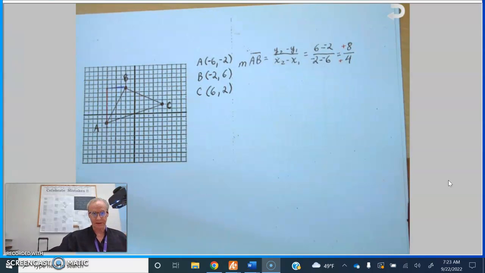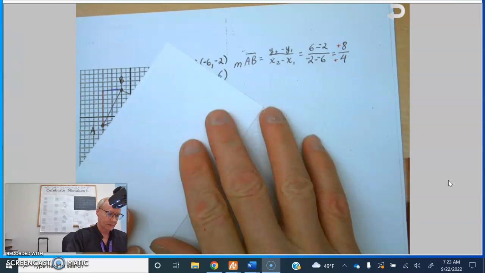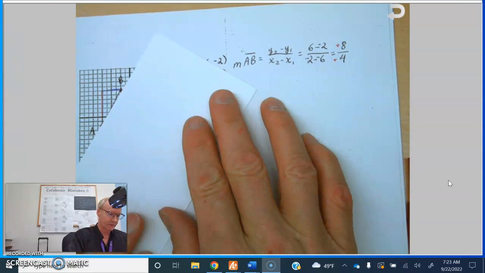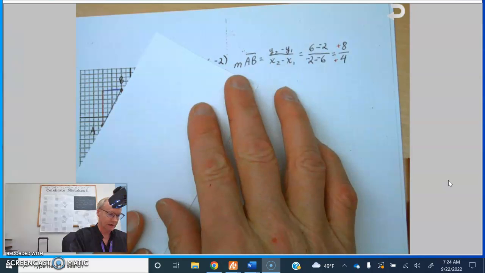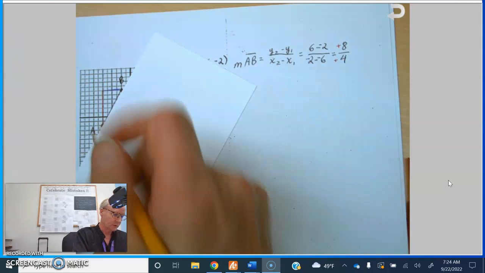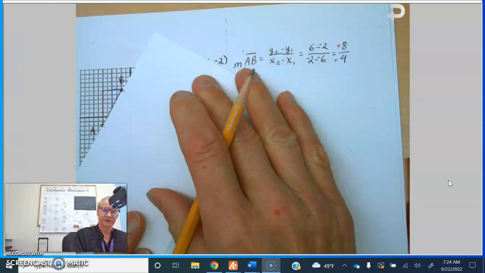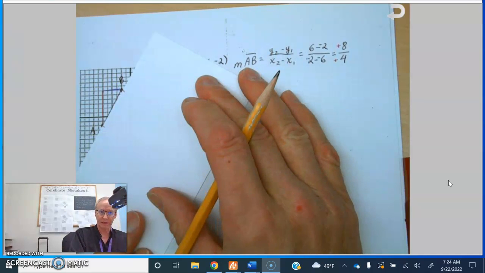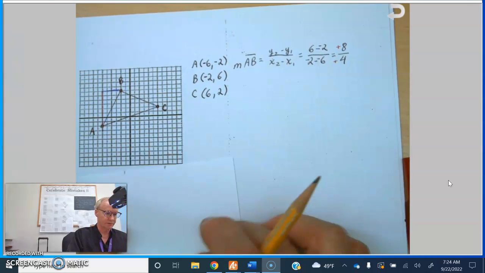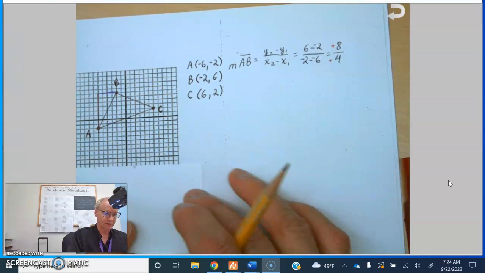Now there's two ways to find the distance. The easy way to find the distance is to take your note card, mark it from A to B. This is the easy way. We mark from A to B, and then we just simply count how far apart A and B are in terms of these squares. You can start anywhere.